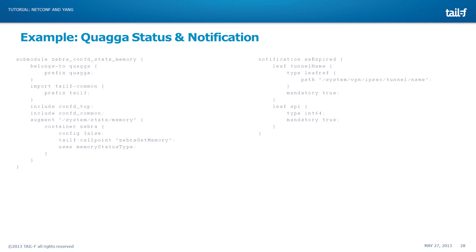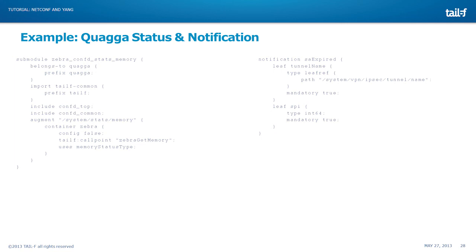On the right side of the screen, we do see also an example of a NETCONF notification definition. Here we have a notification called SA expired. It will have two output parameters included in the notification. These are like varbinds on an SNMP trap. They're both declared to be mandatory.